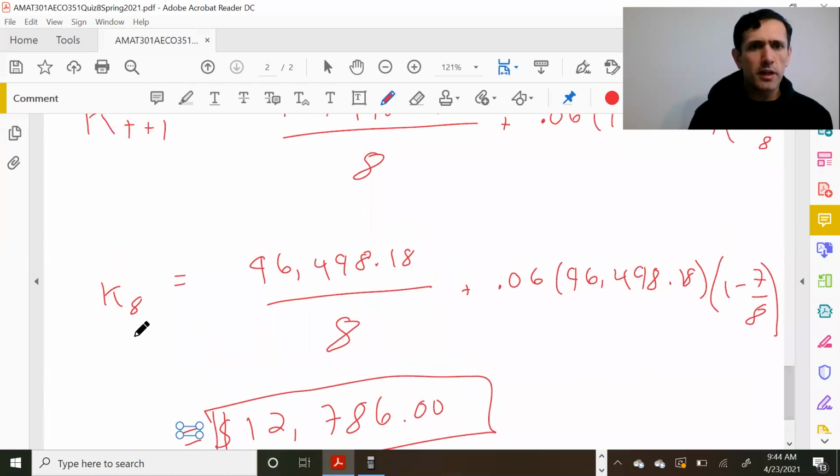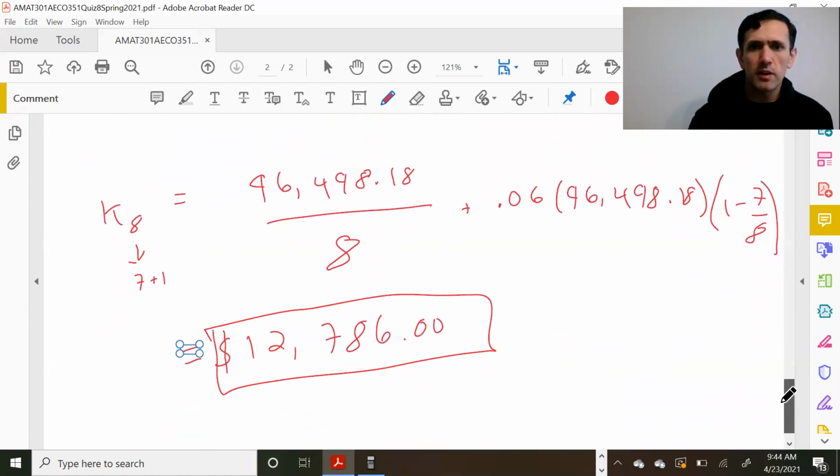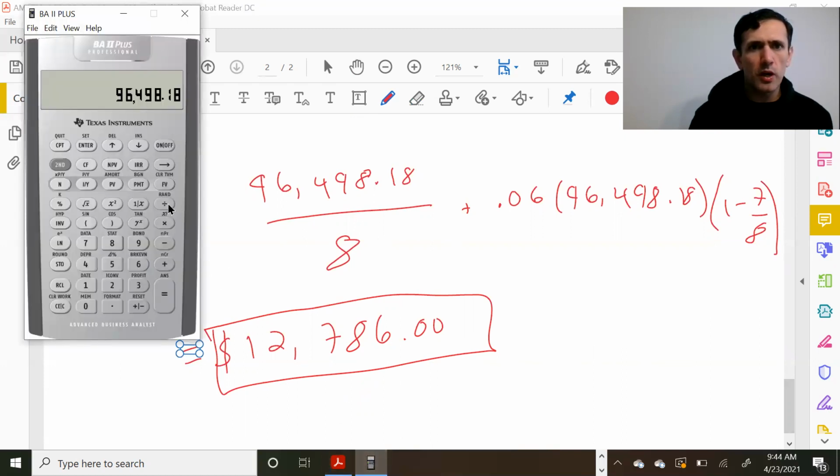So here, T is, of course, 7. 8 is 7 plus 1. So just dump in 7. And this is your very last payment, $12,786. Okay. So it's actually pretty close to the amount of principal you're paying at the end of each year.